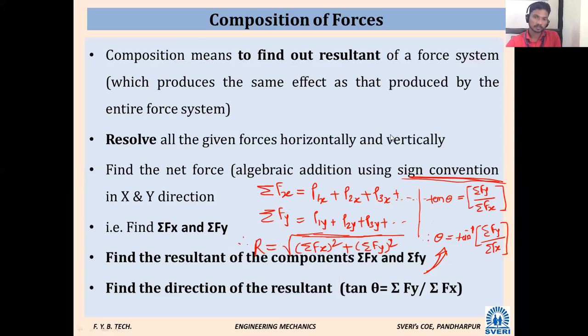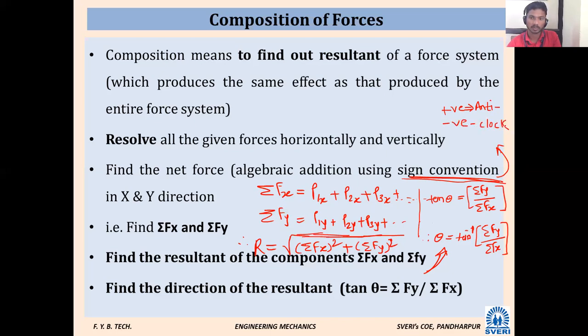I will write it so that you will come to know. If the angle comes positive, then we have to measure that angle in the anti-clockwise direction with respect to the positive x-axis. Here I will write: if the angle is positive, anti-clockwise, and if it is negative, clockwise.